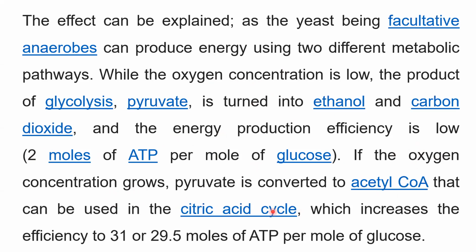And here it increases the efficiency of ATP formation, and you will get near about 31 to 29.5 moles of ATP per molecule of glucose when it carries out glycolysis as well as the Krebs cycle. So when oxygen is present, you will get this amount of ATP, and when the oxygen concentration is low, you will get ethanol and carbon dioxide with only 2 molecules of ATP.